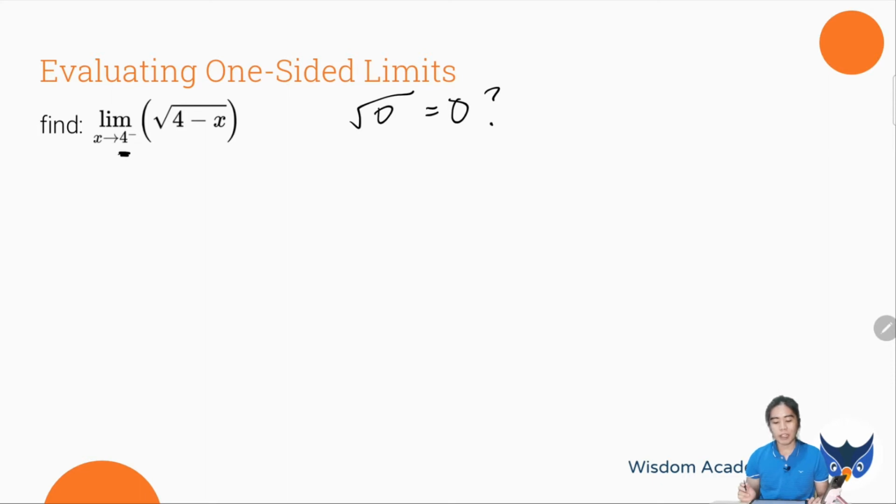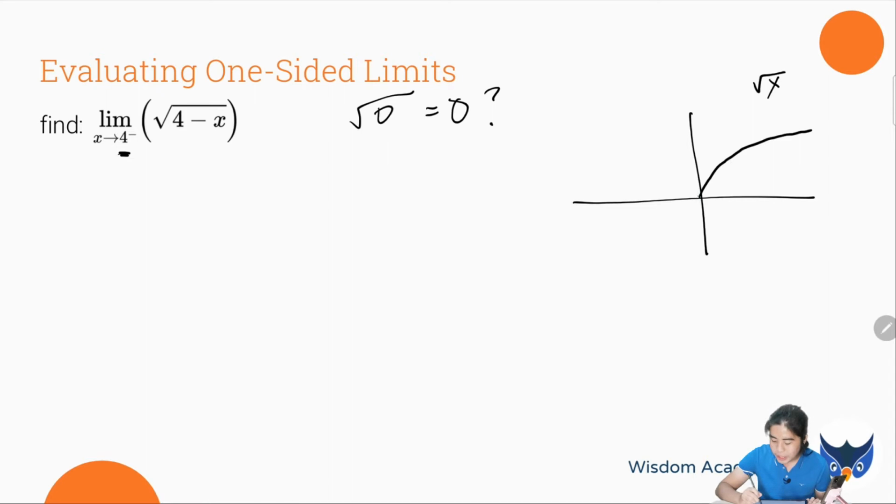Kasi, if titignan natin yung function na square root of x, yung graph niya looks something like this. Okay? So, at x equals 0, tama nga naman na 0 yung value niya.